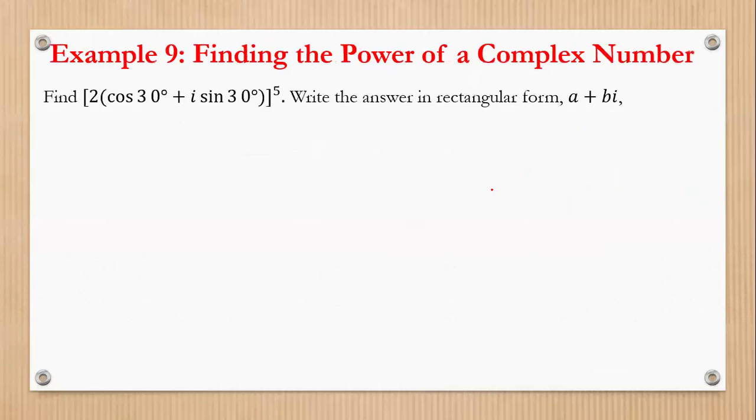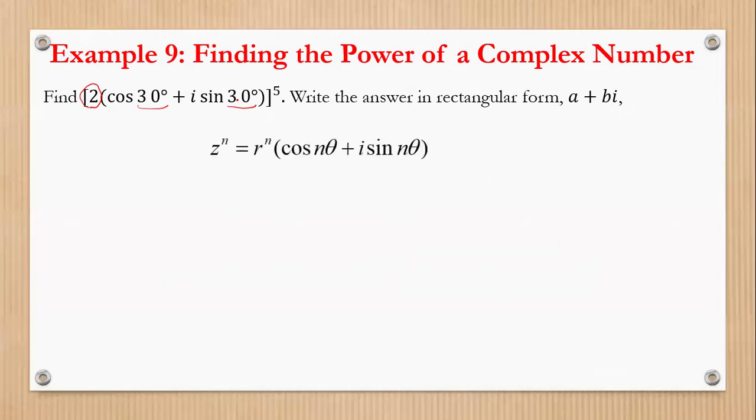For example, I want to find the fifth power of this complex number, and then write the answer in rectangular form of a plus bi. So for raising this number to the fifth power, I only need to raise r, which is 2, to the fifth power, and multiply the angles by 5. 30 degrees times 5 is 150 degrees.